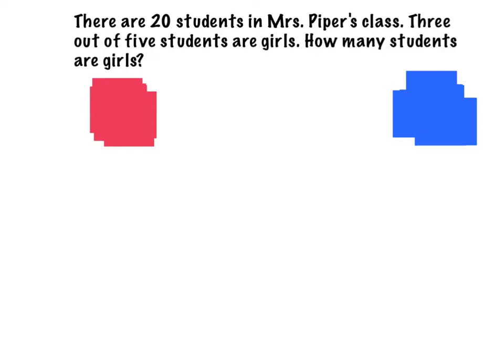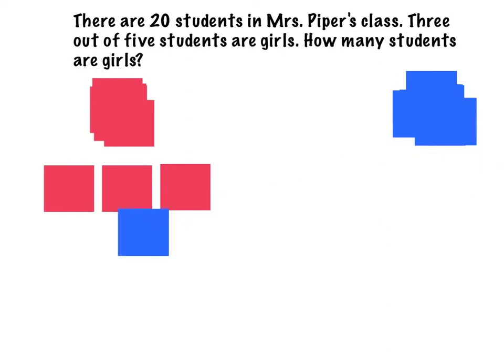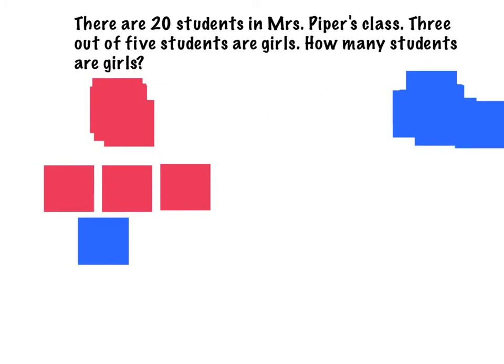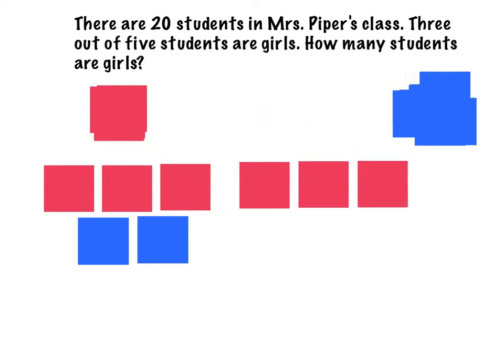So I might make a model for this problem. I'm going to make 3 out of 5 be girls. I'm going to use the pink to represent girls and blue to represent boys. So I'm going to make groups of 5. I'm going to make 3 girls and then 2 boys.